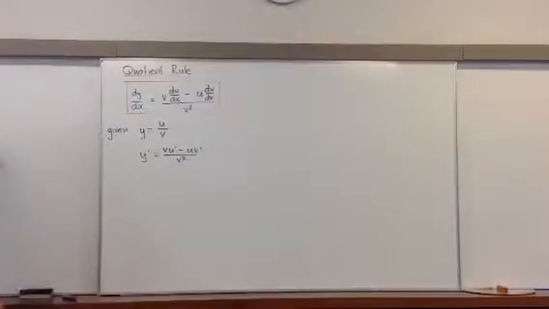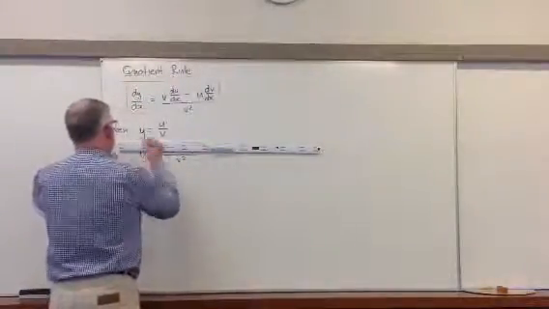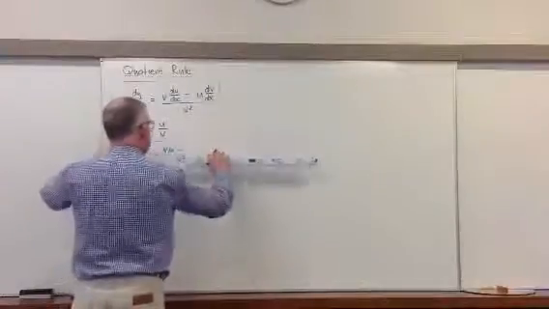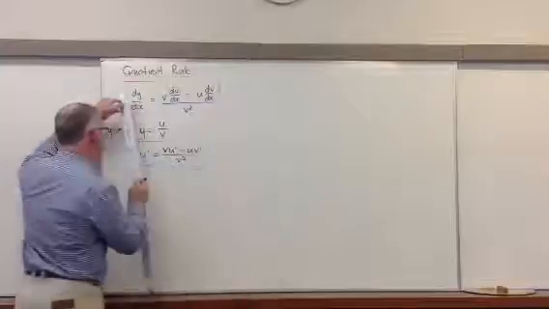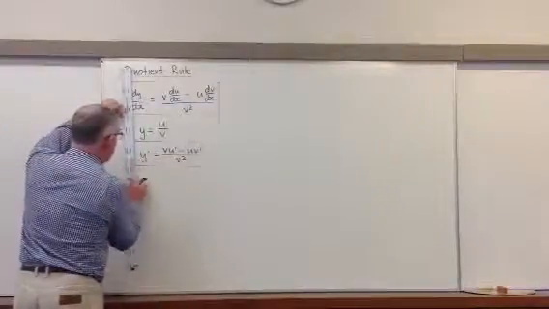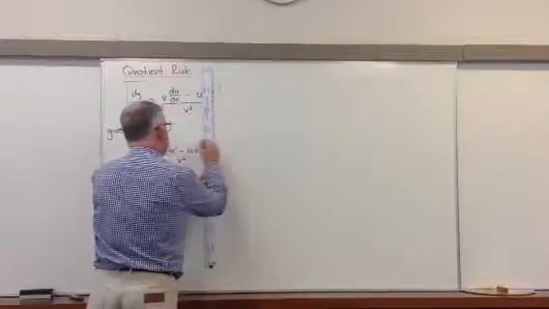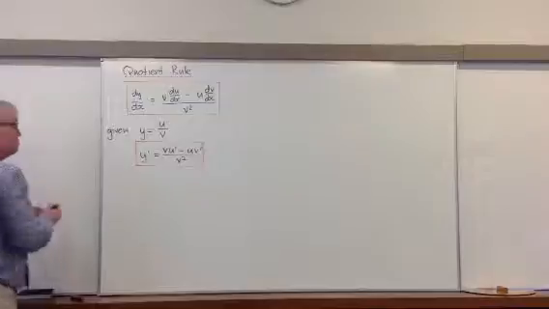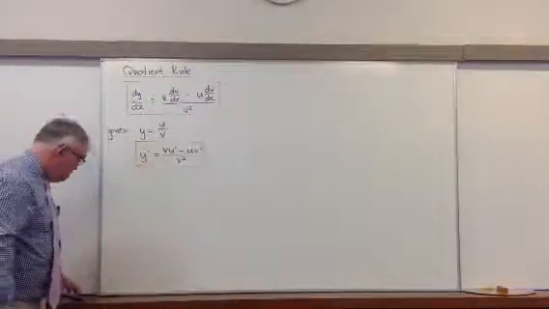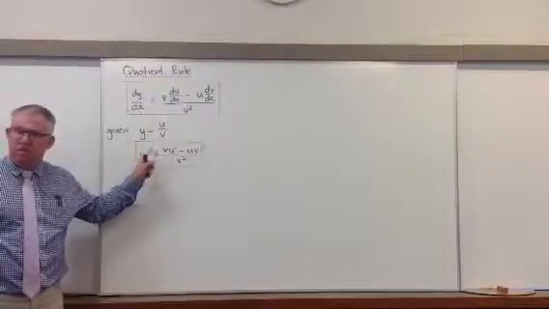All right, so that's how we're going to remember this whole process for finding the derivative of a function where it looks like we've got one function of x divided by another function of x. Now, oddly enough, you don't always have to do that. You don't always have to.